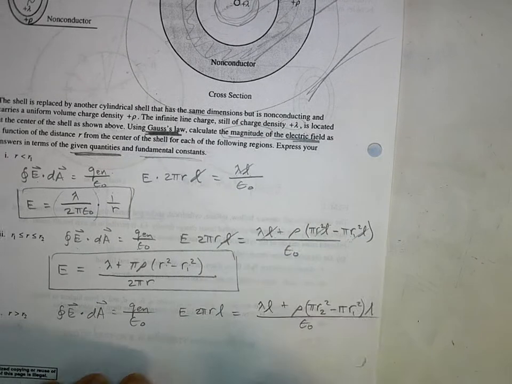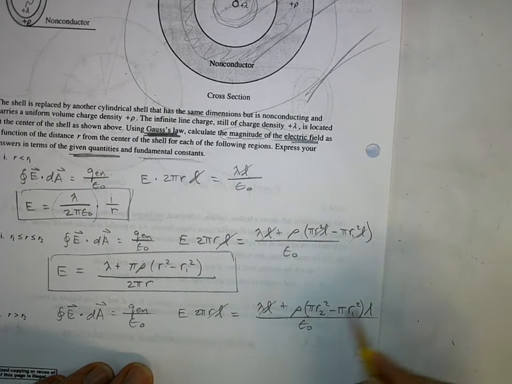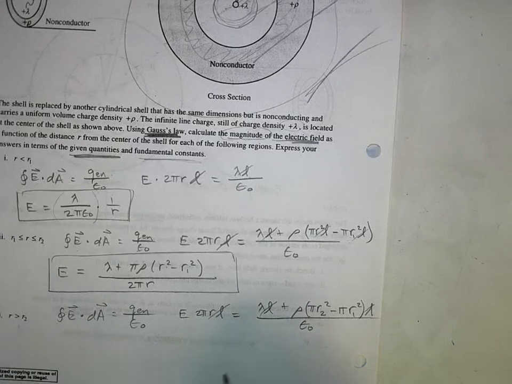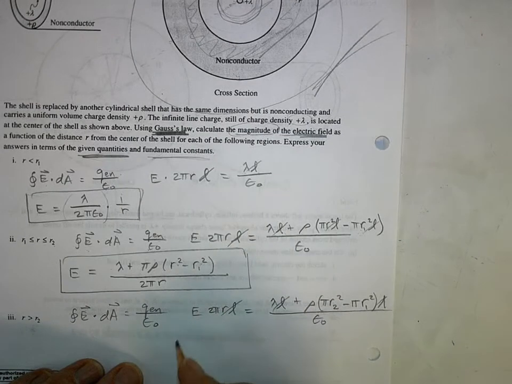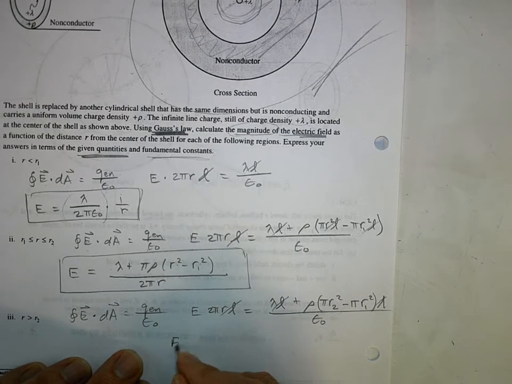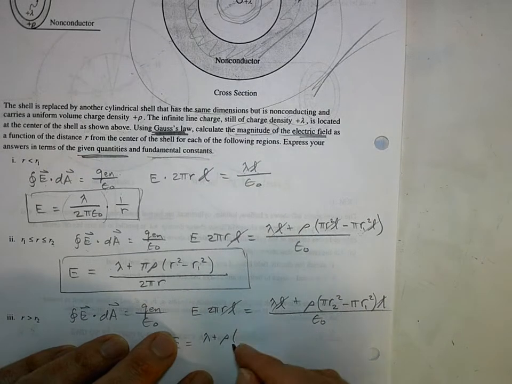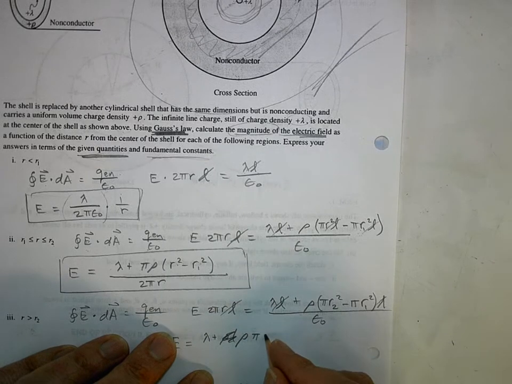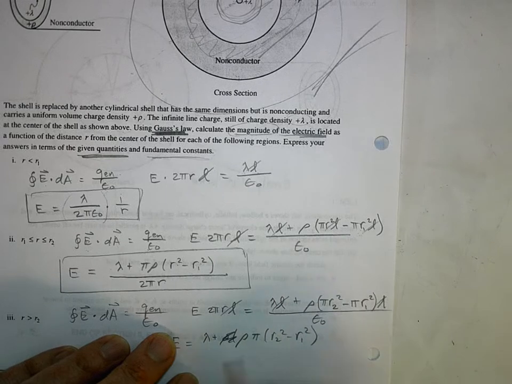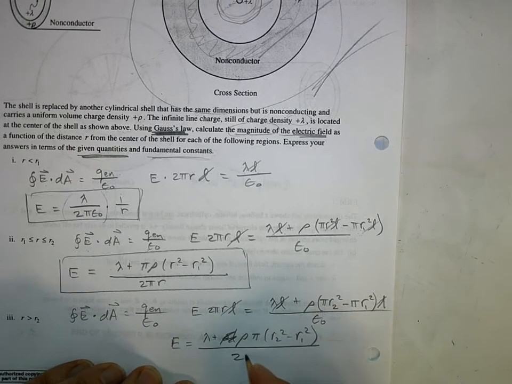So the length of the Gaussian surface cancels, and I divide by 2 pi r. So E equals lambda plus rho times pi times r2 squared minus r1 squared, over 2 pi epsilon naught, over r.